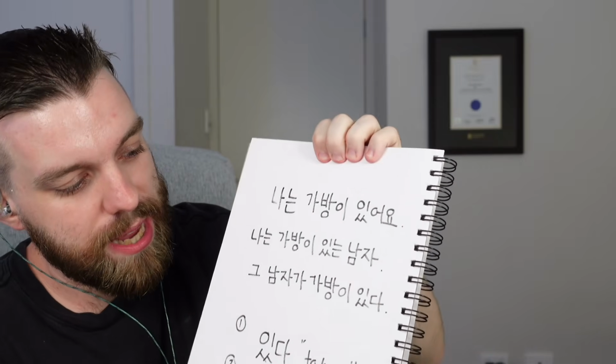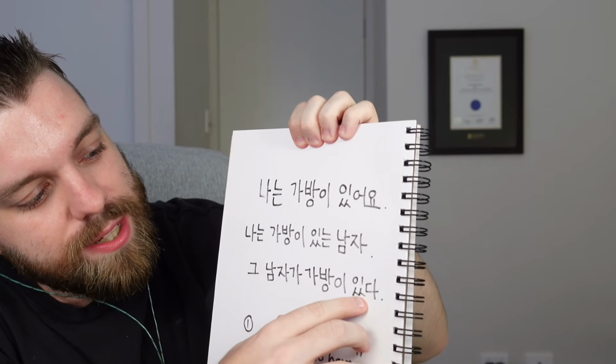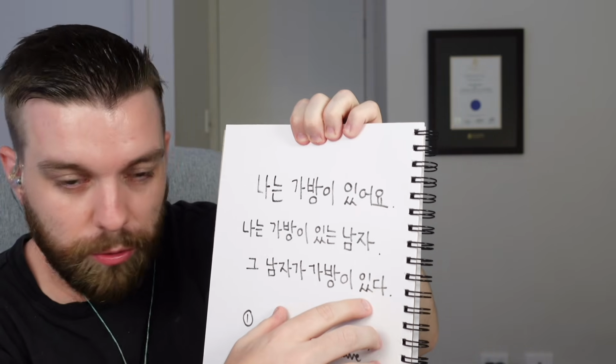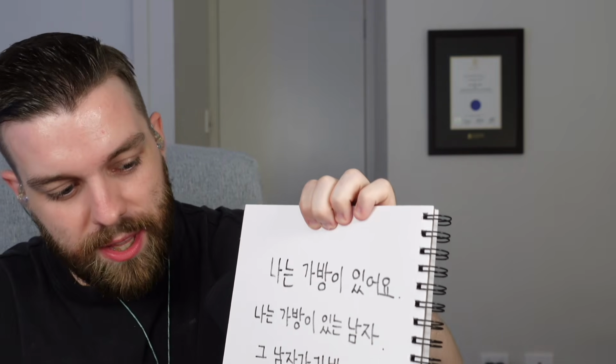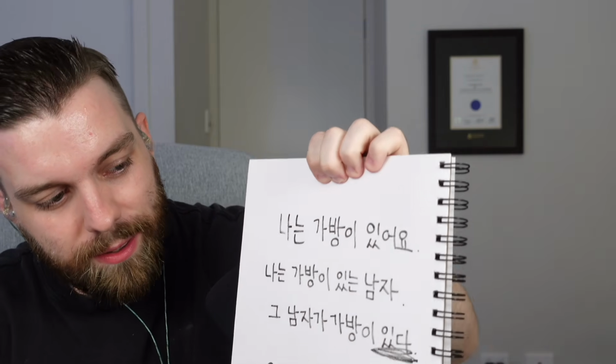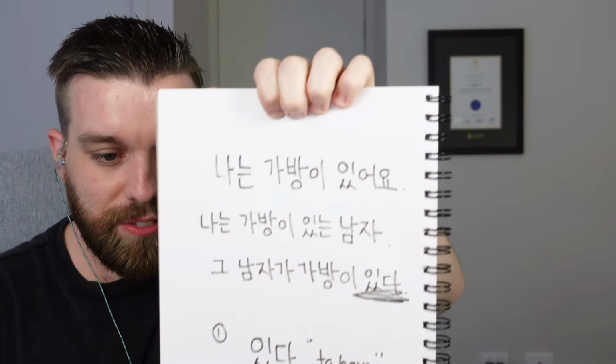So all of this to say, there are reasons that this is spelt and said differently, right? 있어요, 있는, 있다. When you see 있다, you'll see that written a lot in novels, writing, very official correspondence, very official scenarios.